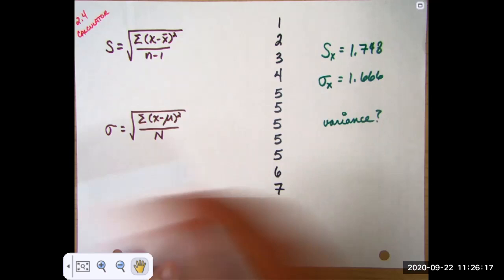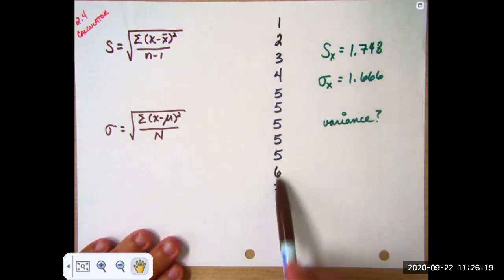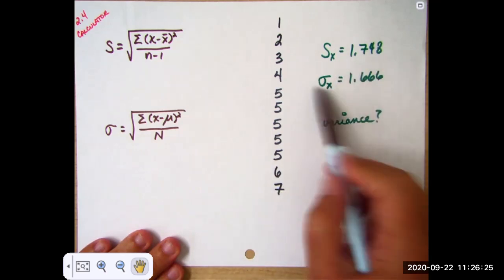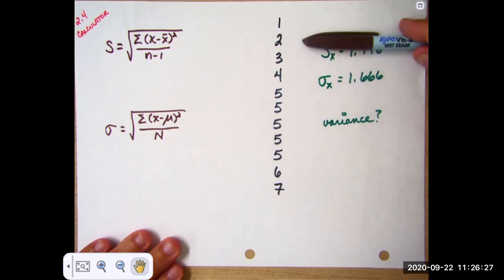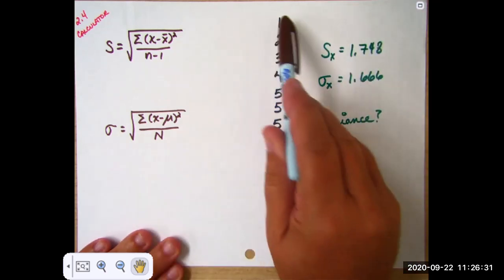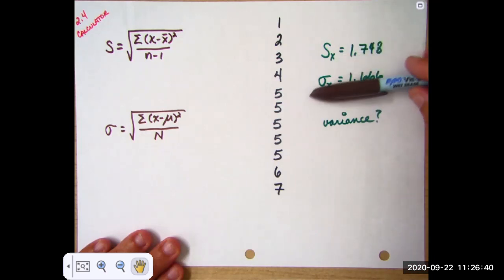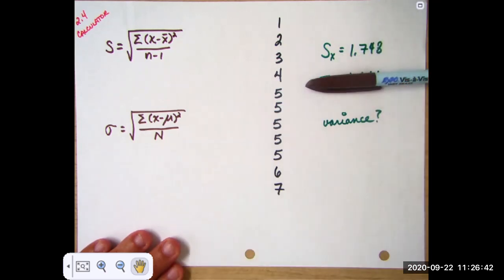What that means is if this data set is the entire population of things that we're looking at, then this is its standard dev, and this doesn't even exist. If, however, this is just a randomly chosen sample from a population, then this is its standard dev, and this one doesn't exist.